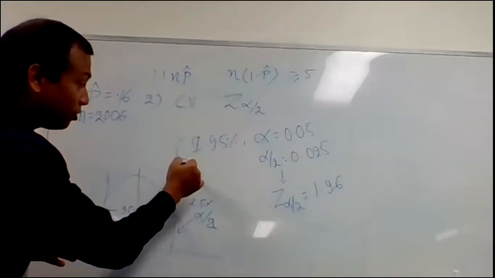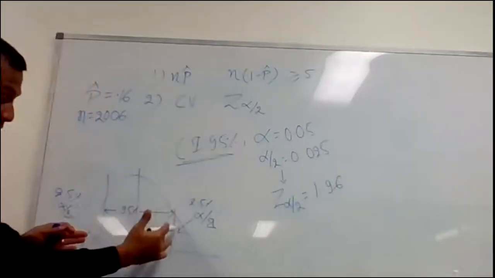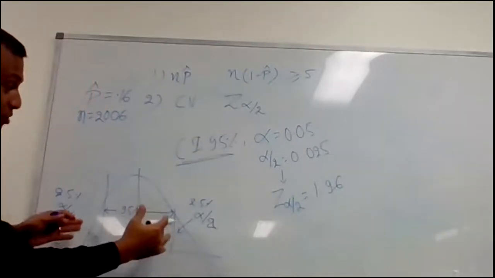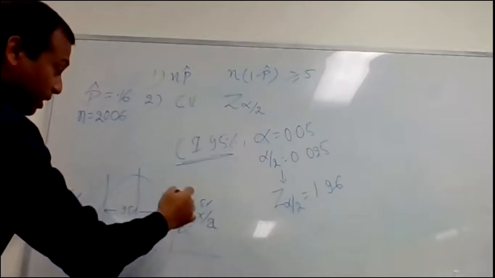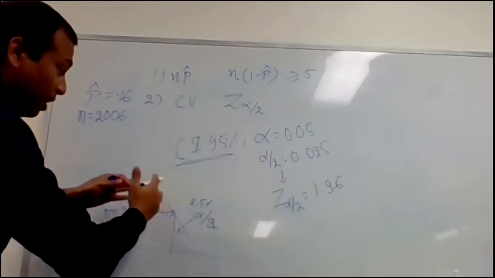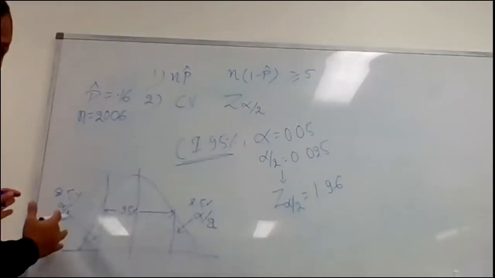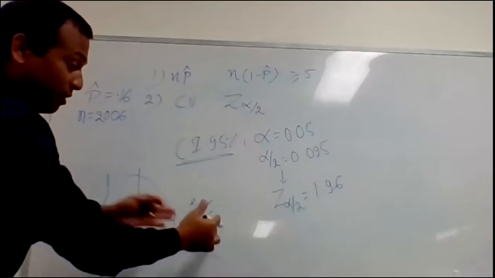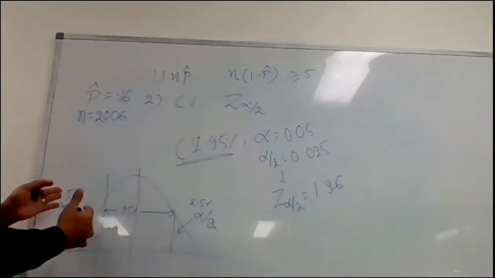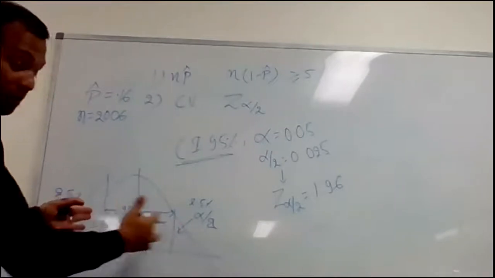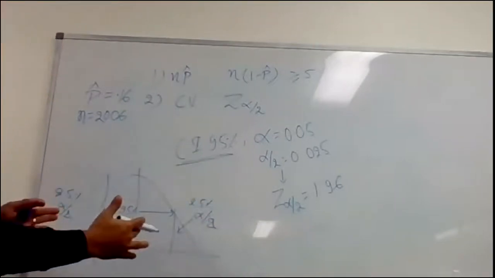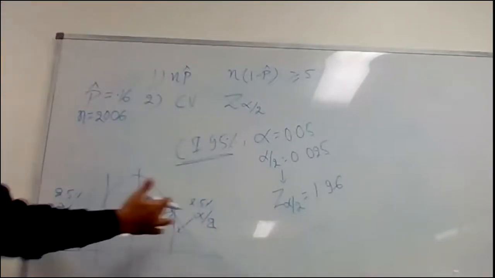So they are asking for confidence interval 95%. Since we are not sure, that's why we are dividing the alpha on both sides, the left one and right one. That's why it is alpha by 2 and alpha by 2, because they are asking for the range which includes both.